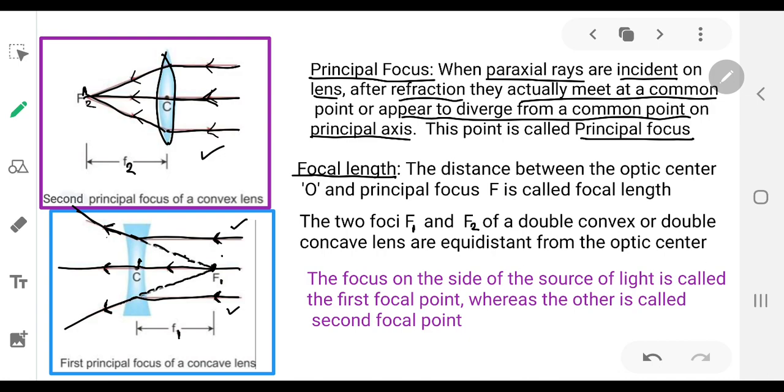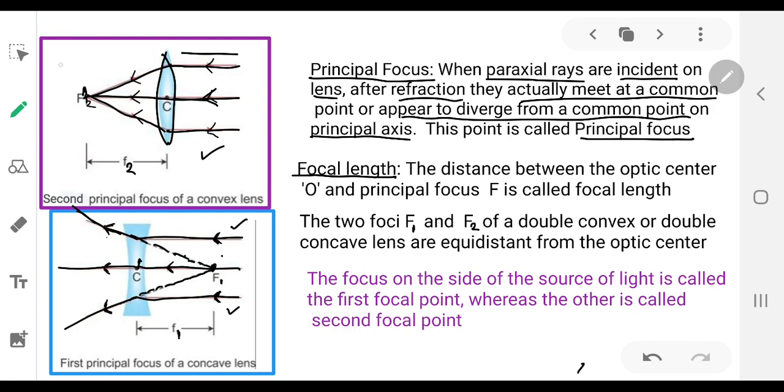Here you can observe that for a lens there are two principal foci, F1 and F2, for a double convex or a double concave lens. Why is it so? If the ray is incident on one side, the rays meet at a common point on the other side.